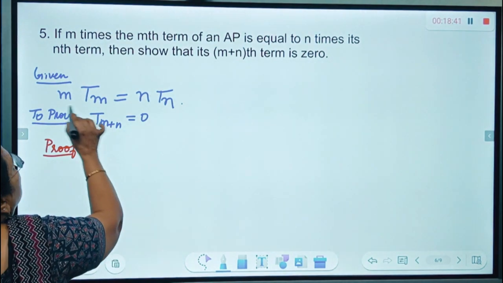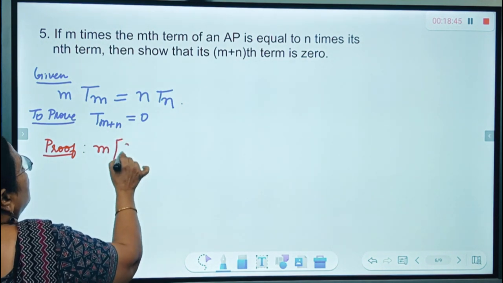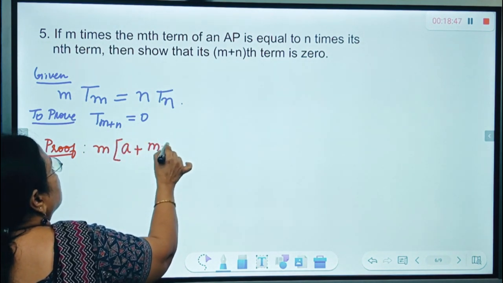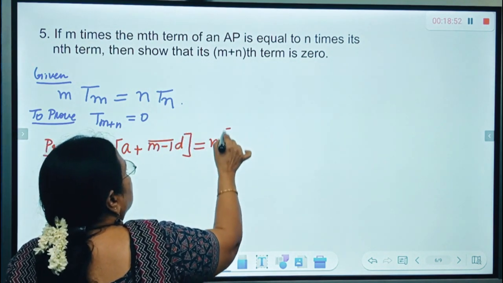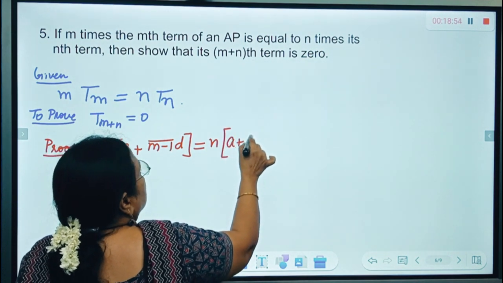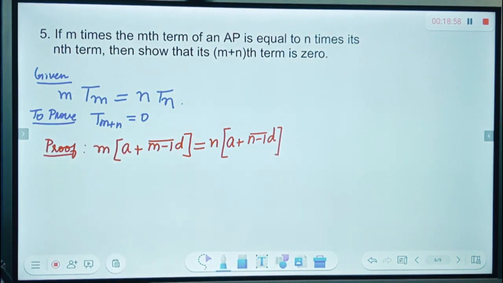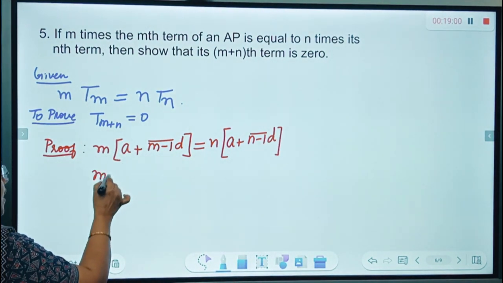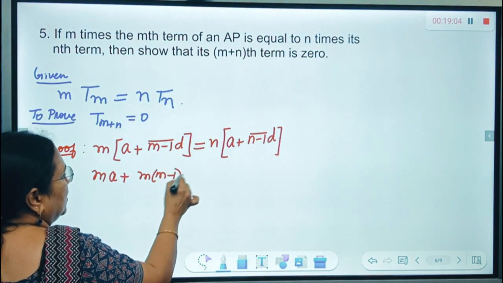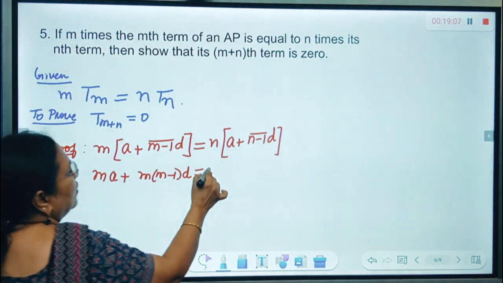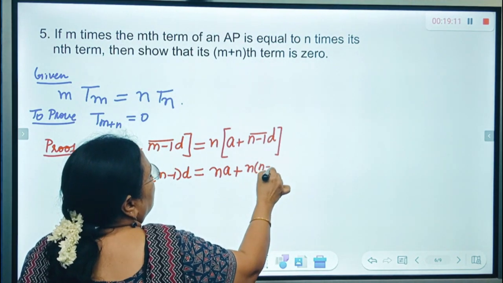Now, you are given m times Tm. Tm is what? a plus m minus 1 into d. This is equal to n times a plus n minus 1 into d. So this is ma plus m into m minus 1 into d is equal to na plus n into n minus 1 into d.